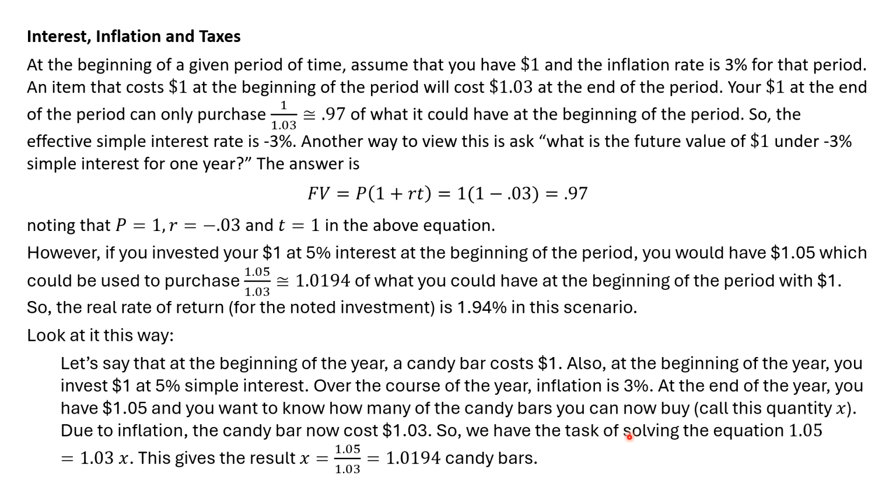So we have the task of solving the equation 1.05 equals 1.03 times X. X is the number of candy bars you can purchase, and if you just divide on both sides by 1.03, you get the number we had up here, and that gives you the same result that we had up here. So this was just another way of looking at it.